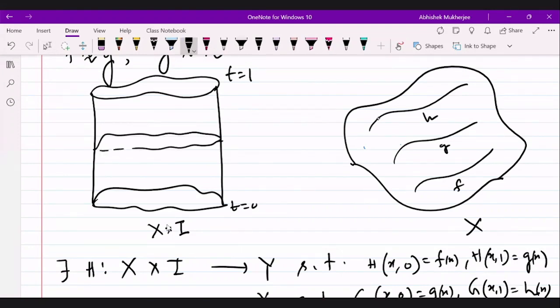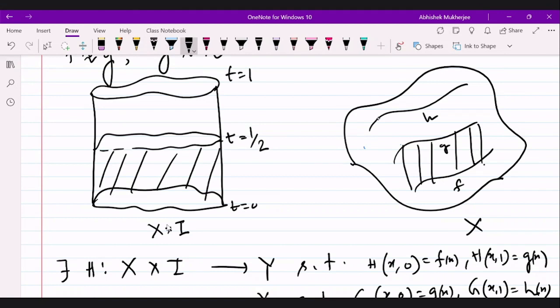One half will be occupied by one continuous map, and the other part by the other.